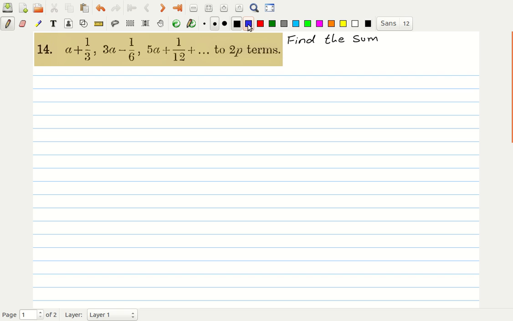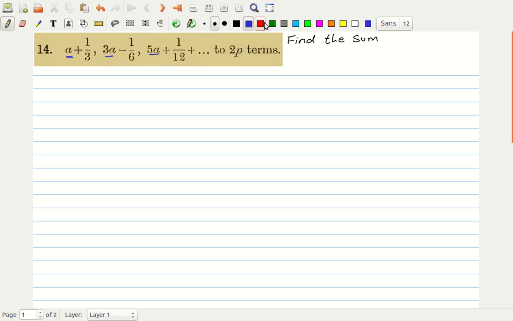Okay. So what I want to first observe is, you can see that a, 3a, 5a, all these are in arithmetic progression with the first term as a and the common difference as 2a, right?